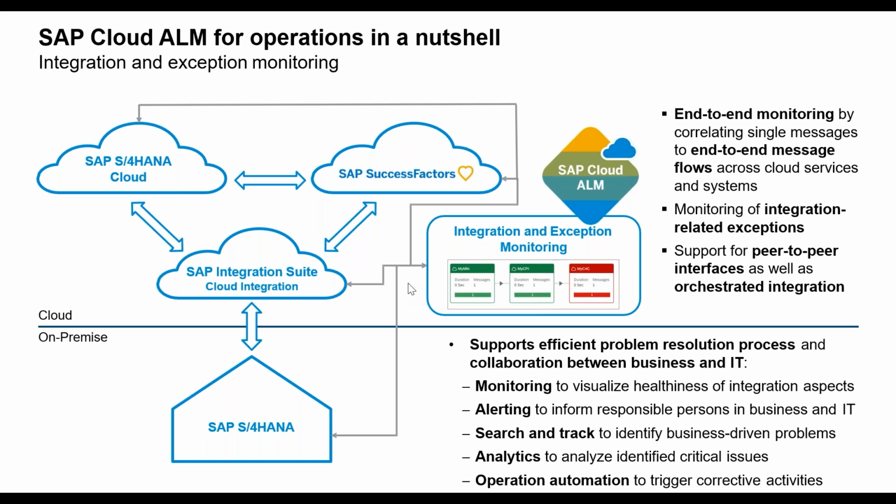This is where you could monitor a specific iDoc, let's say, from source to target, or vice versa. So if there are any failures, any type of codes that the iDoc fails with, you could automatically get an alert for any of those integrations.